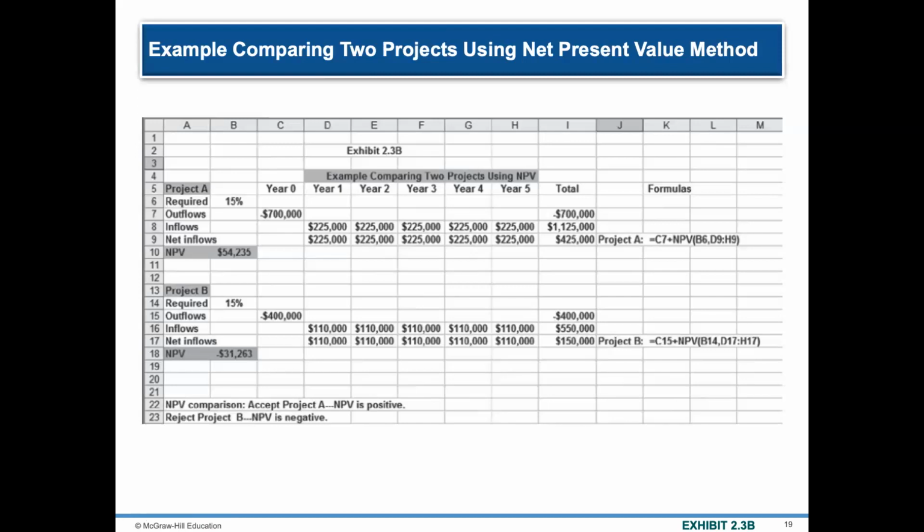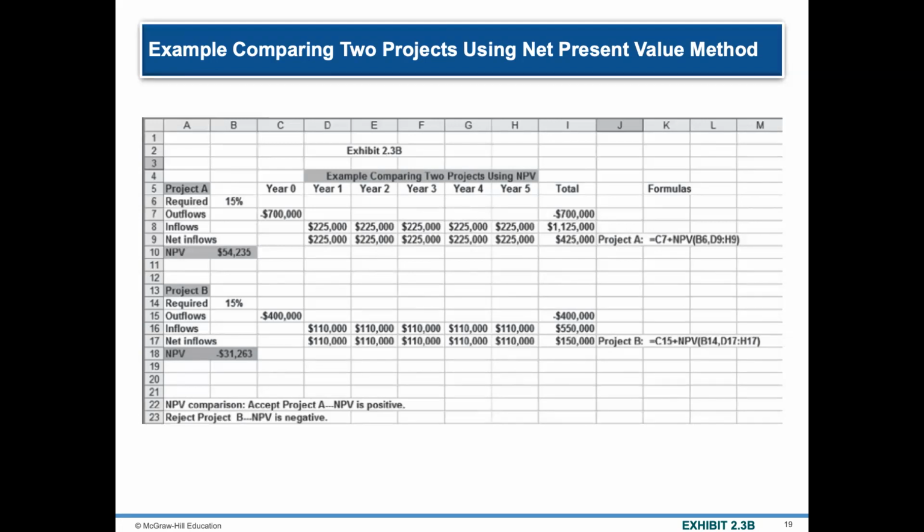Once you add it all up, you find that you shell out 700,000 and it gives you an inflow in exchange of 1,125,000. So you are cash flow positive by 425,000.